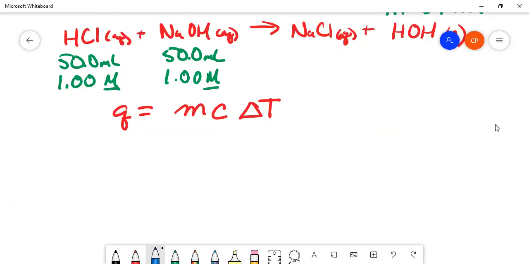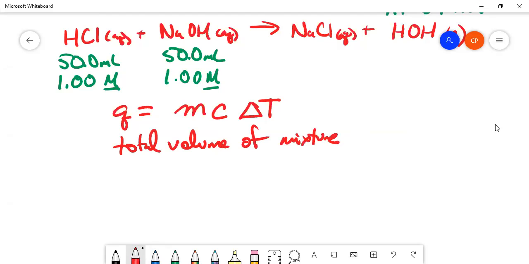Okay? I'm taking 50 milliliters of the hydrochloric acid solution and combining it with 50 milliliters of the sodium hydroxide solution. How much total mixture am I going to have when those two are combined? It's 100 milliliters, sure.